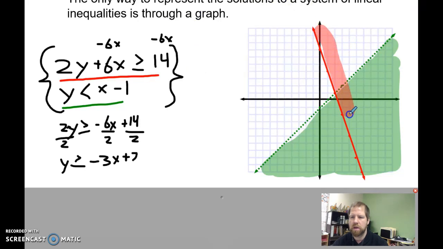And wherever I'm overlapping is going to be a solution. And there we go. So this is a solution, but only to one of the inequalities. Where they overlap is the only area where it's going to be a solution to both inequalities.